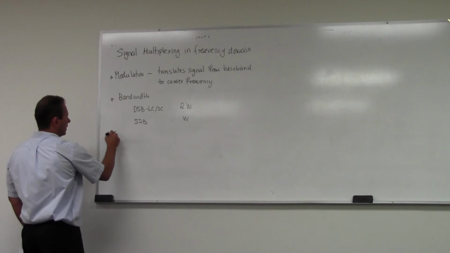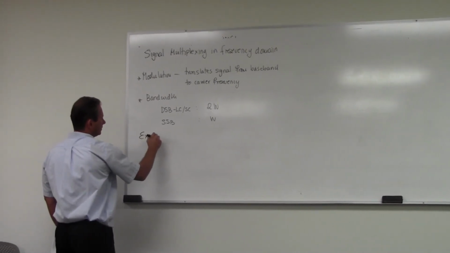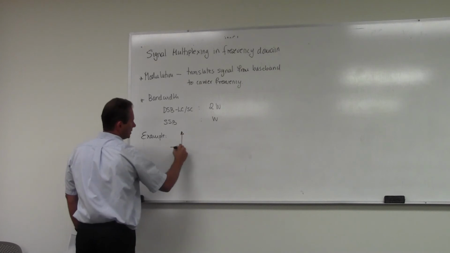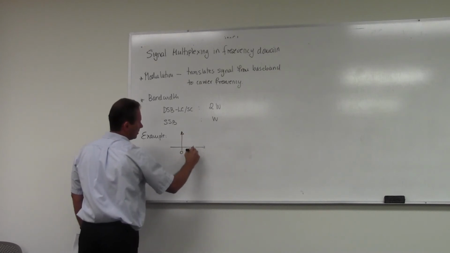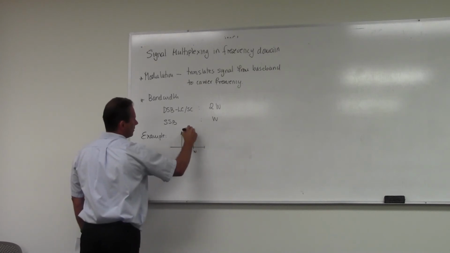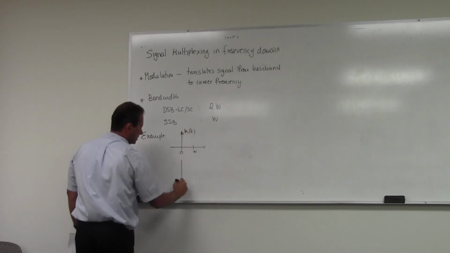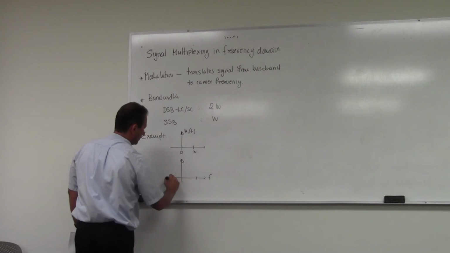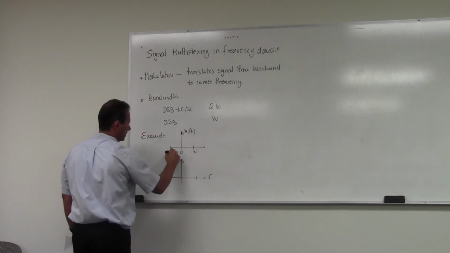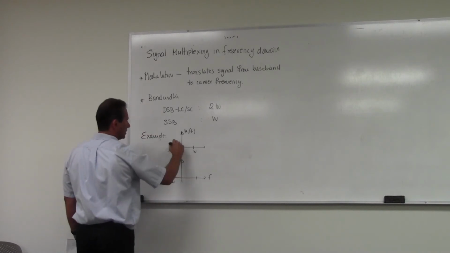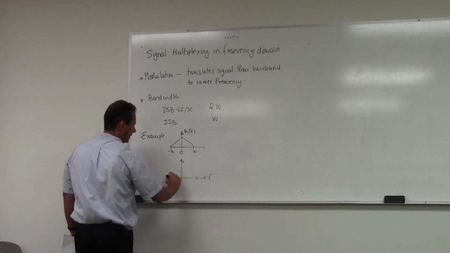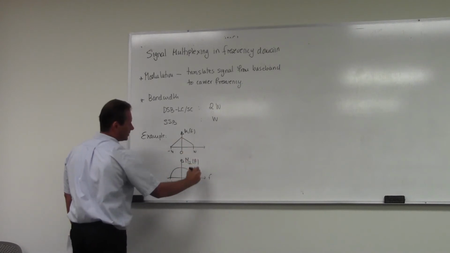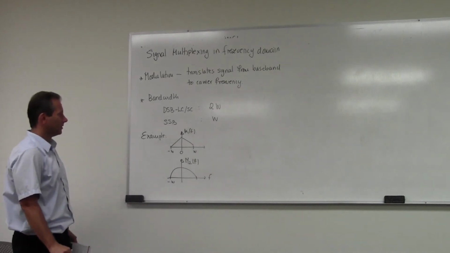Let's say I have two signals, and they're both baseband signals, let's say from 0 to W. This is M1 of F, and this is the signal M2 of F. Let's say this is my M1 of F, and just so as to be cute, I'm going to say this is M2 of F so that you visually see that they're different.